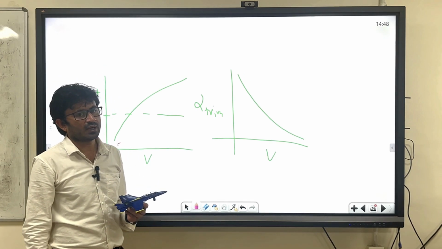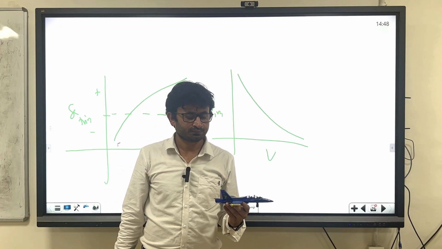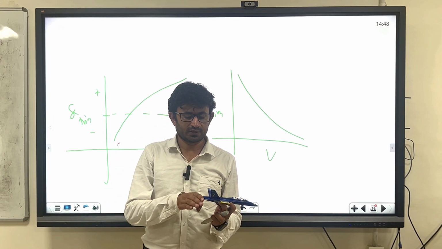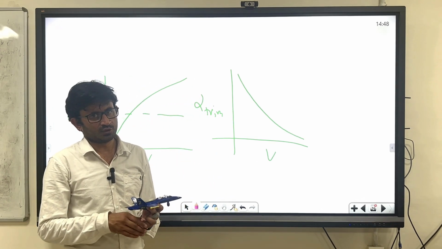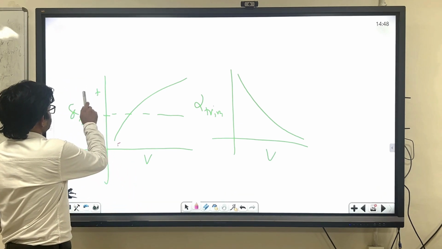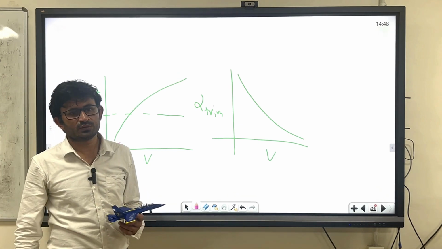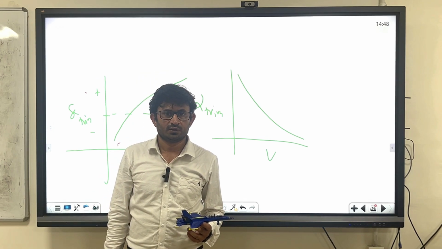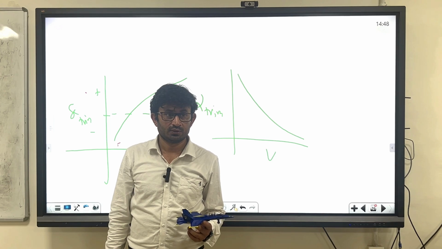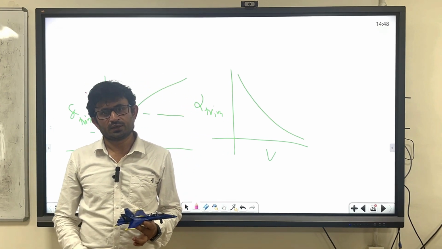And if you are flying at a very high velocity, you have to deflect the elevator down to reduce the angle of attack, and down is considered positive, so you can see the positive deflection. This is all about aircraft longitudinal stability and control. Thank you very much.